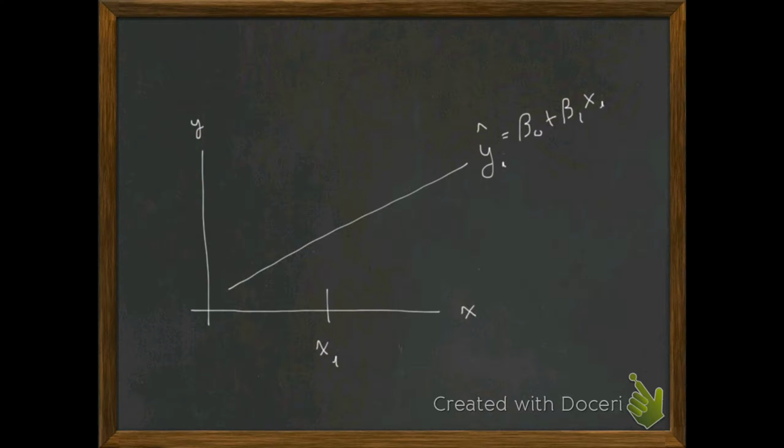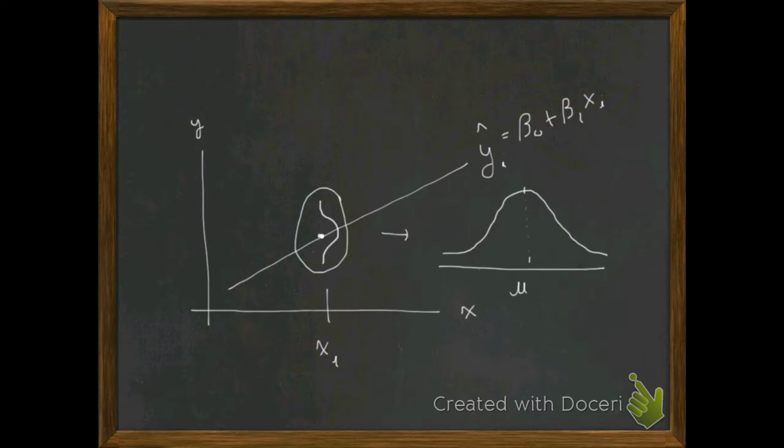At each particular level of X sub i, we have a mean response, and then the values of Y sub i at that particular level are normally distributed with a particular variance. Now, if I take this and rotate it, I'm still going to get the normal model. So in the center I have the mean response for Y at that particular level, and then we have standard deviation sigma that's consistent at each of these levels. So that's really all I'm talking about there.